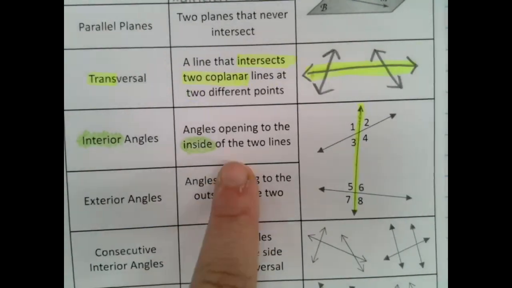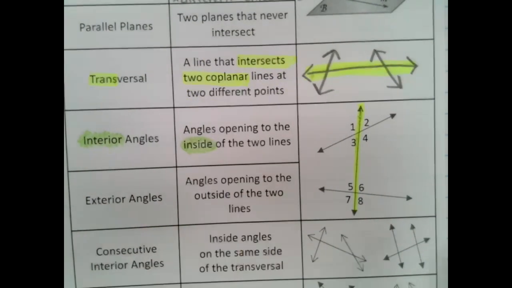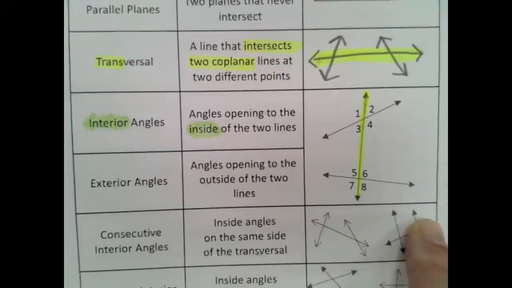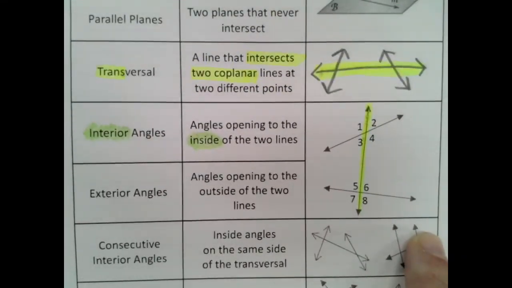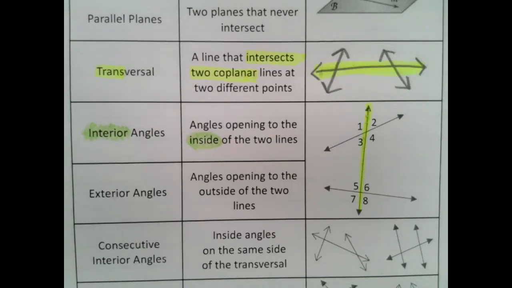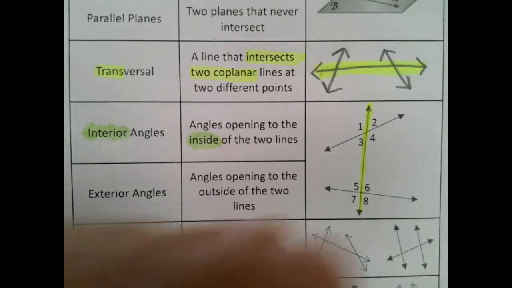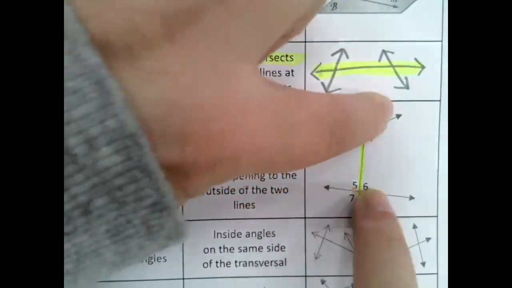So as I look at my picture here, what's one of the interior angles that would be in between the lines? One, 2, 3, 4, 5, 6, 7, or 8. Cool, that's okay. We're getting there. So as I look at these two lines, it's almost like if I put walls, where would the inside be?